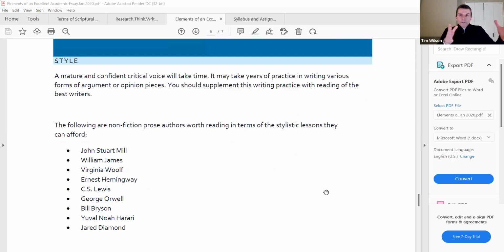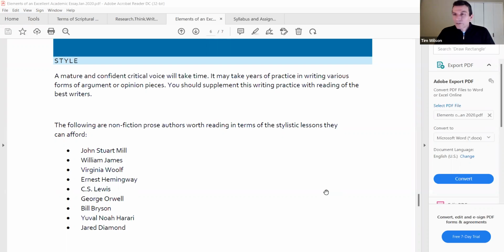Okay, so those are the first three elements that we're talking about in our grading rubric: thesis, argument and evidence, logical connections. Style, we can't really go over that, in terms of how to write sentences that are clear yet variable, that attract a reader's attention, that have a certain rhythm to them.